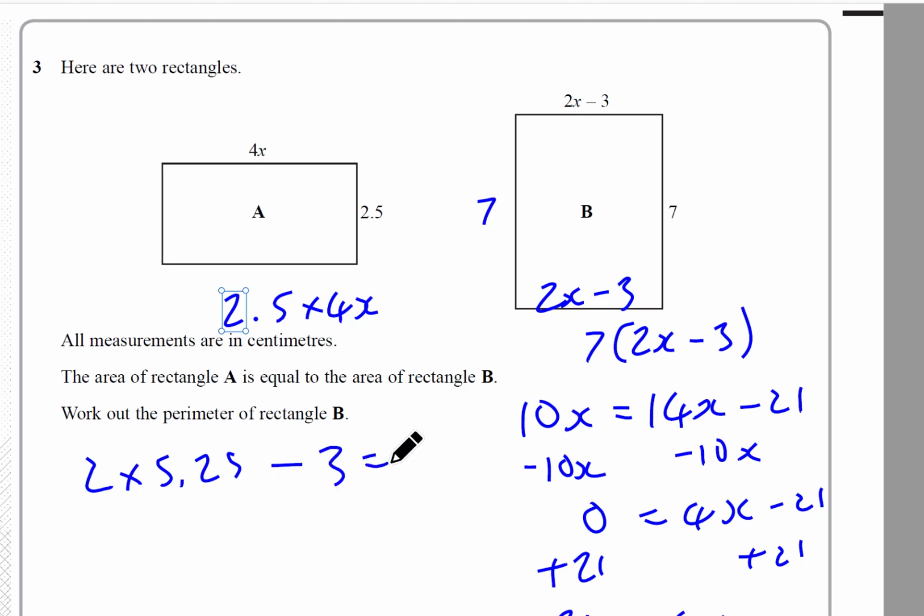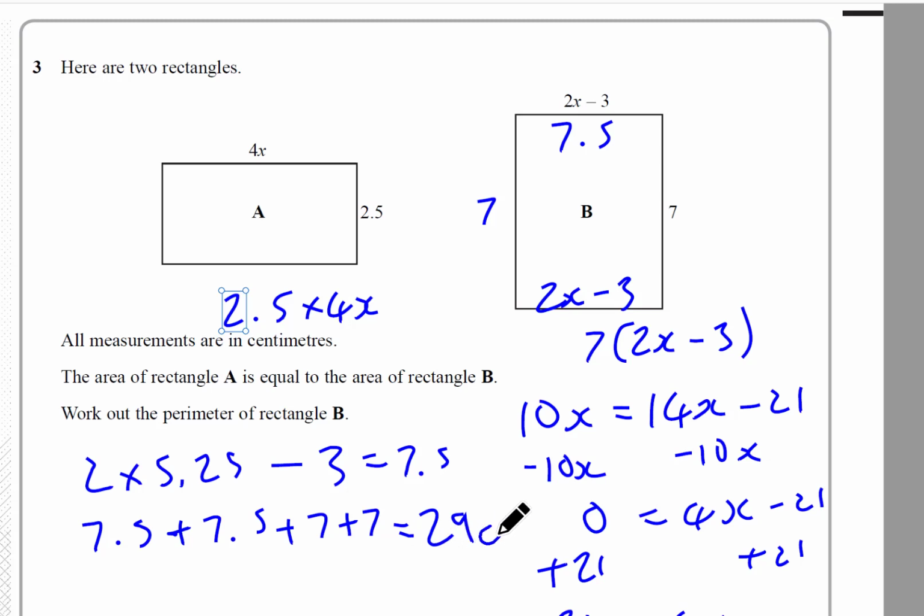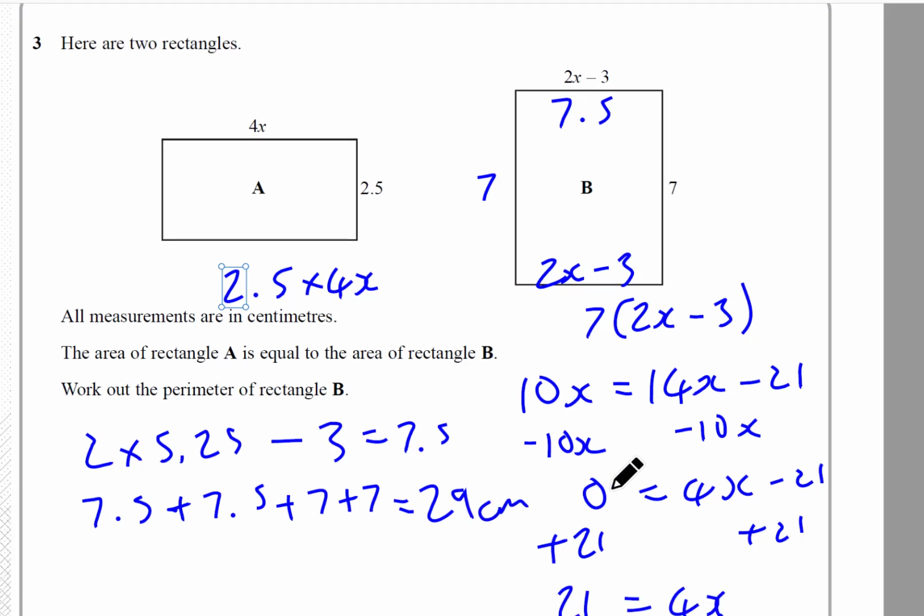So that's going to equal 7.5. That's this bit, 7.5. So we're going to get the total perimeter as 7.5, add 7.5, add 7, add 7, which is going to give us the answer of 29 centimetres.